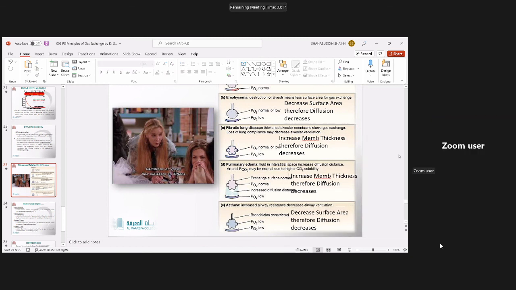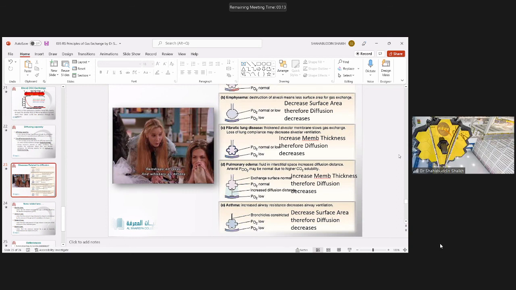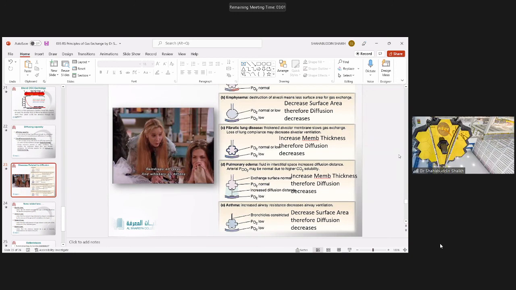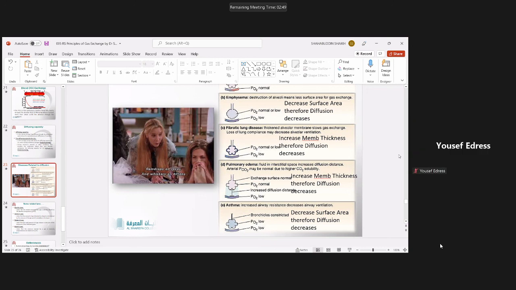Same as emphysema. Asthma causes blockage of bronchi that causes no air going to some part of the alveoli and a decreased surface area. Decreased surface area, therefore diffusion decreases here also. So remember this, they always ask one of these diseases. What happens there? Please remember this. Can you remember this? Yes, doctor. Clear.